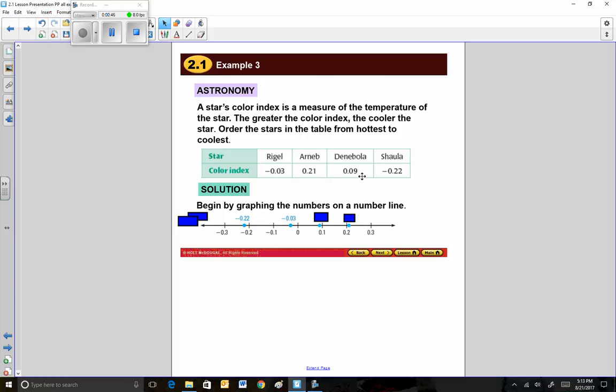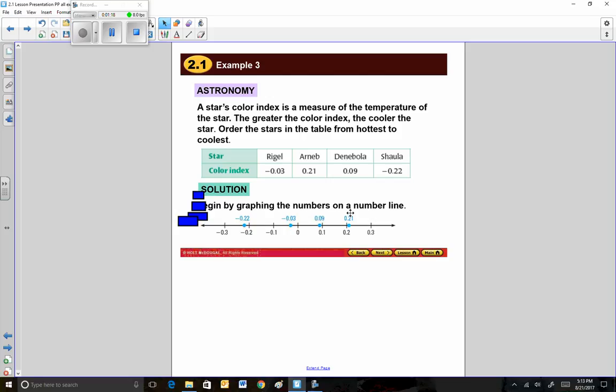And then we take a look at our positive numbers. As we go away from 0 to the right of it, we have 0.09 versus 0.2. So to the right, this one would be the next size up. And then 0.21 would have to be our largest number. Okay, so ranking them in order, you should have negative 0.22, negative 0.03, 0.09, and then 0.21.